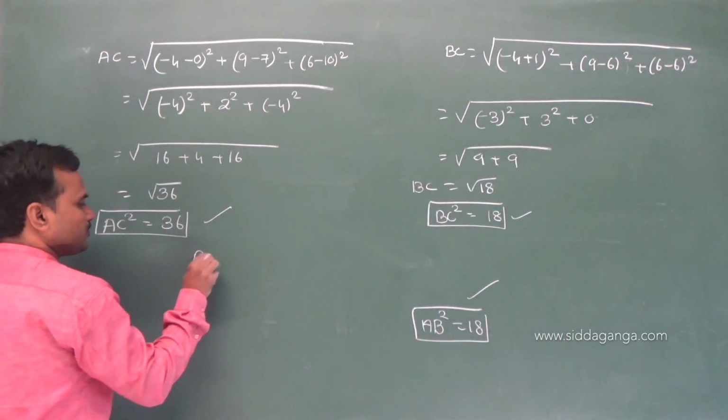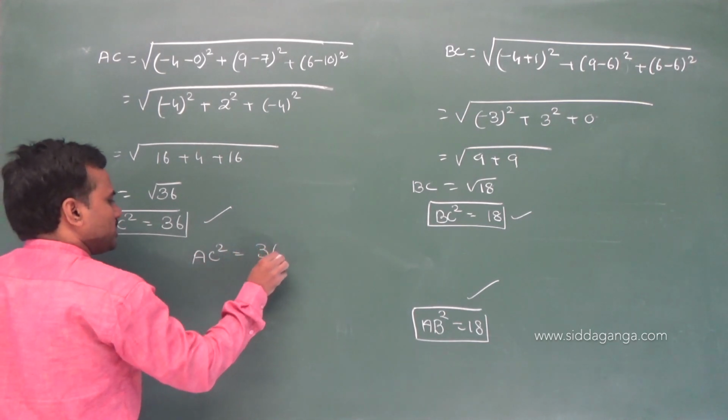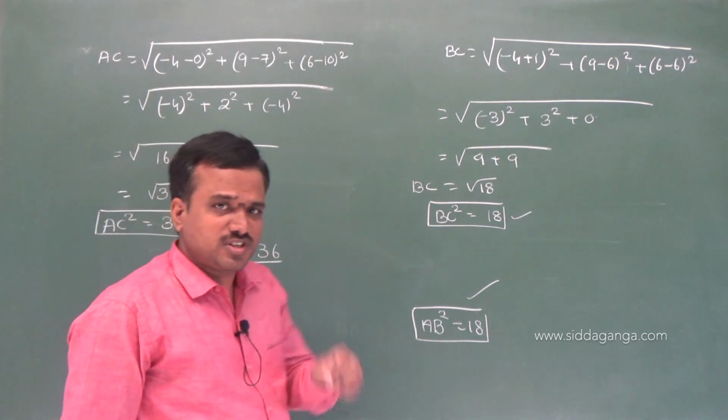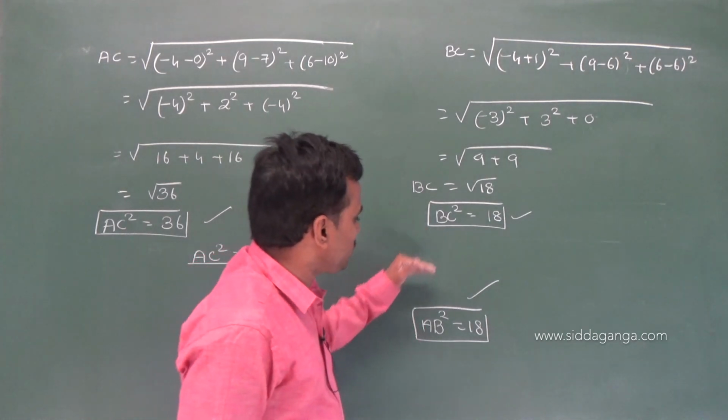AC square, which is equal to 36, correct? So this value should be equal to the sum of the other 2 values.